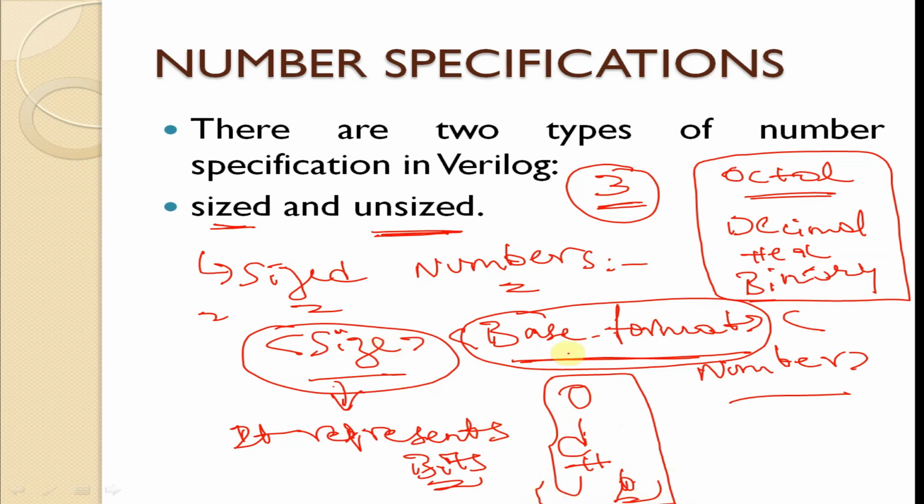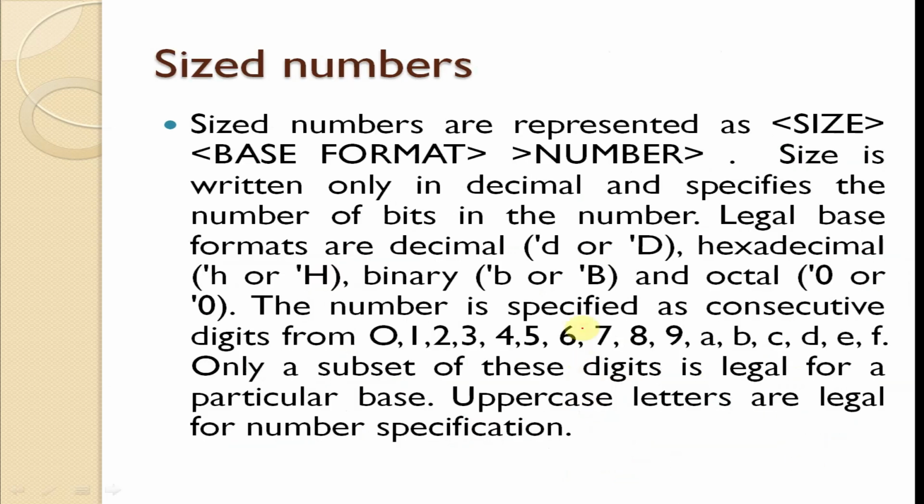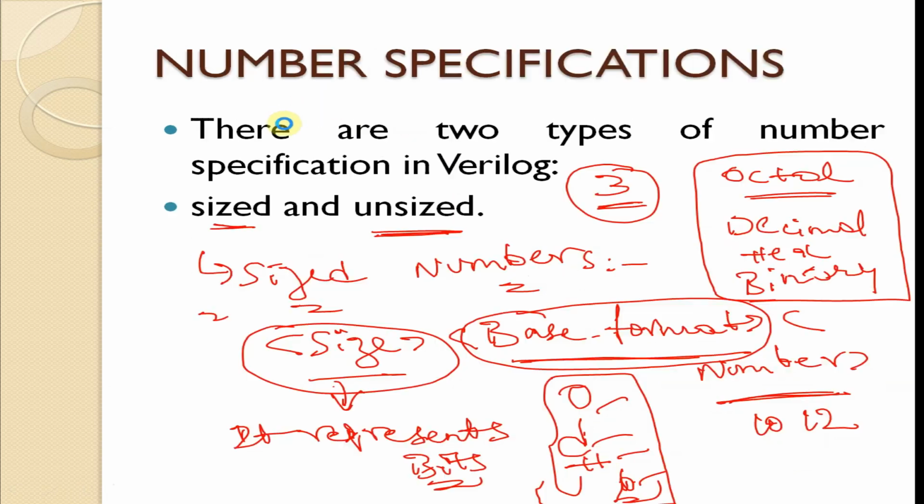So size of the number, followed by base of the number, that is octal or decimal or hexadecimal or binary, and followed by our number like 10 or 12 or some number. So these are the sized numbers.